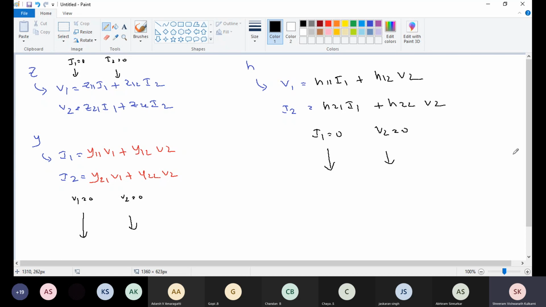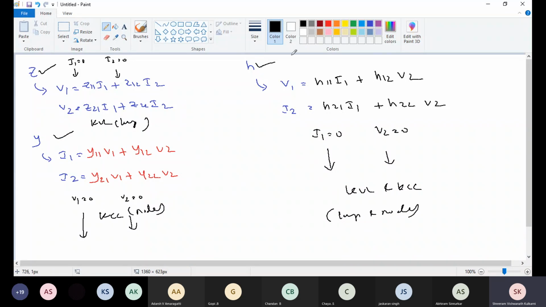Simple, right? We need to know the basic equations, then compare by solving: KVL for Z, KCL for Y, KVL and KCL for H. That is loop analysis, node analysis, and loop and node analysis, for Z, Y and H parameters. Understood?